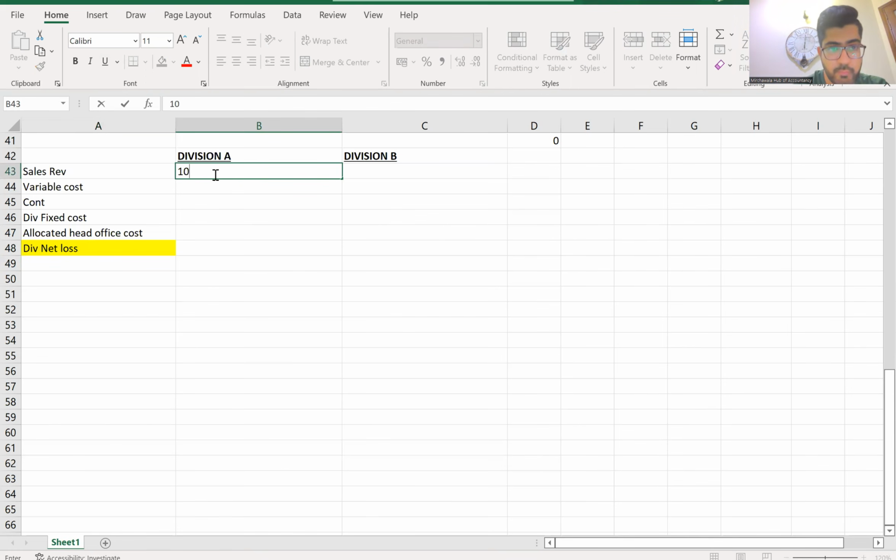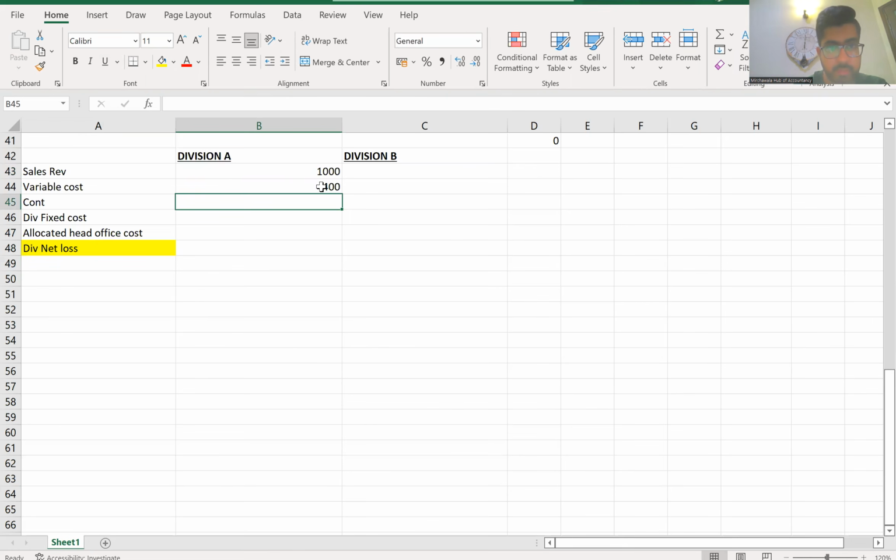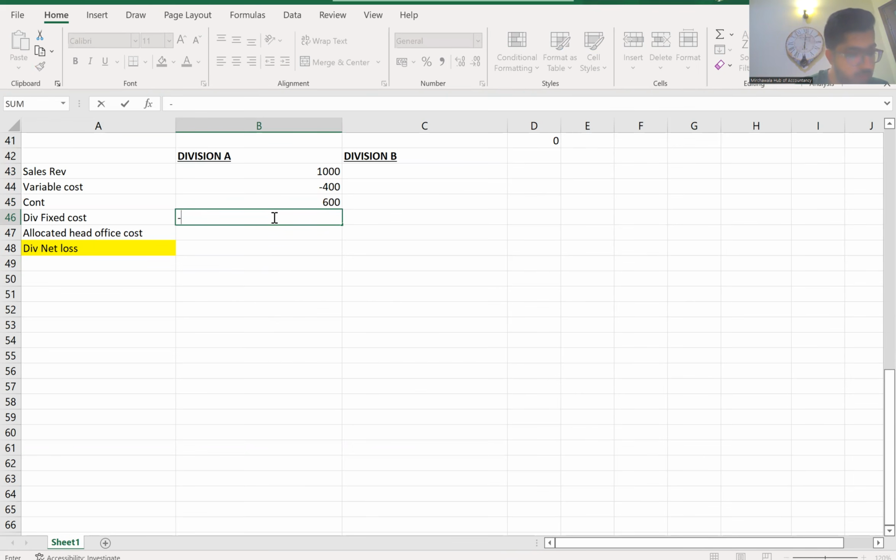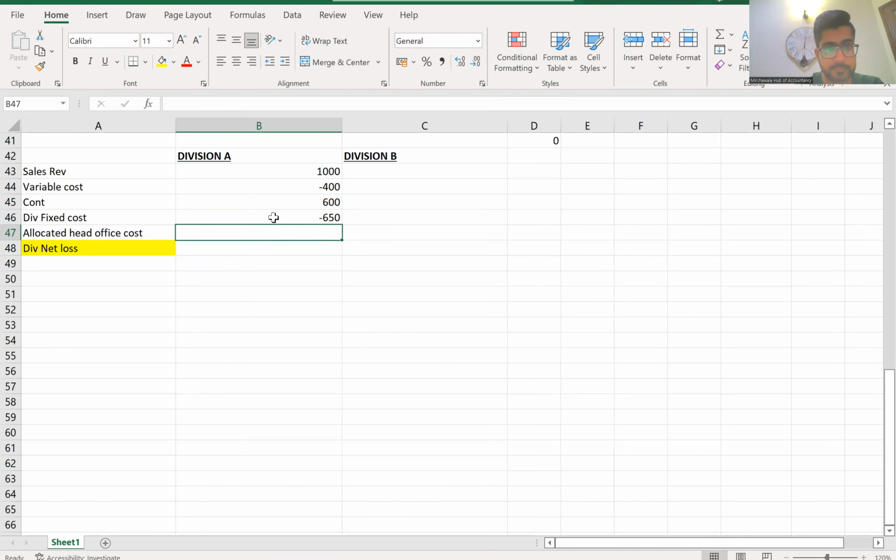So revenue of division A is 1,000, variable cost is 400. You deduct it to get a contribution of 600. Then divisional fixed cost is 650, and allocated head office cost is 50. So 600 minus 650 and 50, loss of 100. Okay.